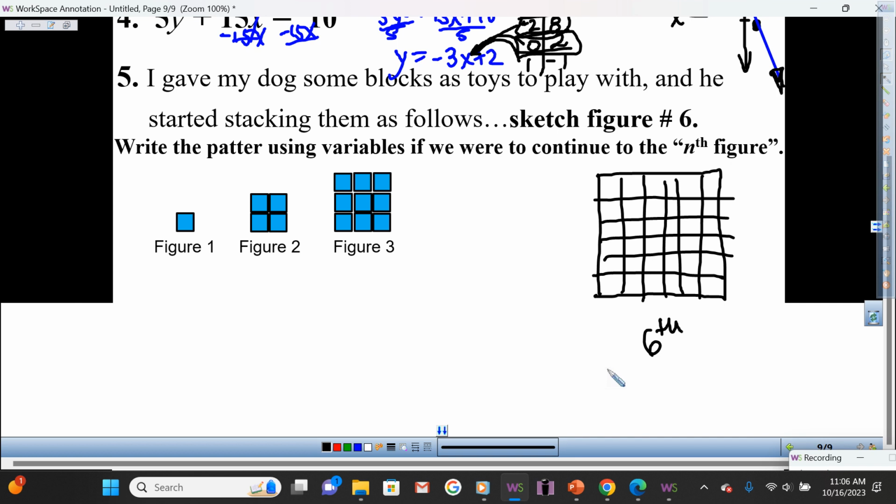So how did you figure that? Talk to your neighbor. We're going to pass it to someone. How can you figure that from that pattern? All right, pass someone, Brandon. Martin, how'd you figure that?